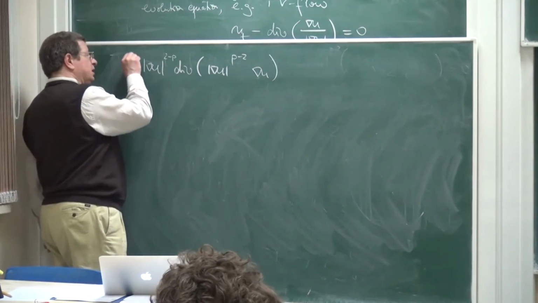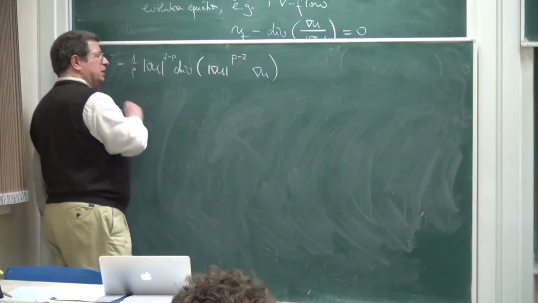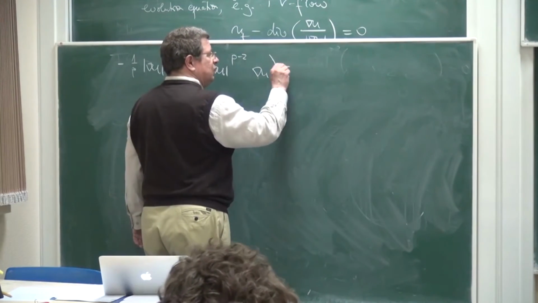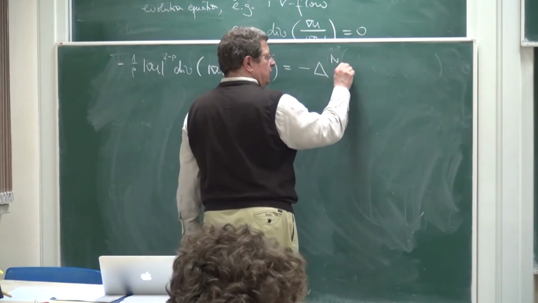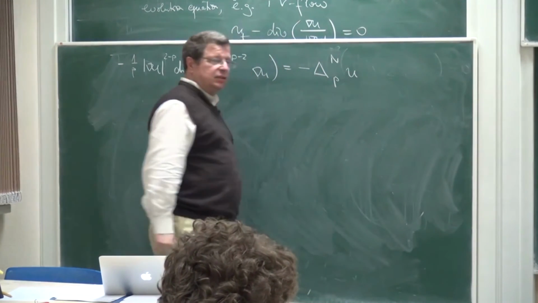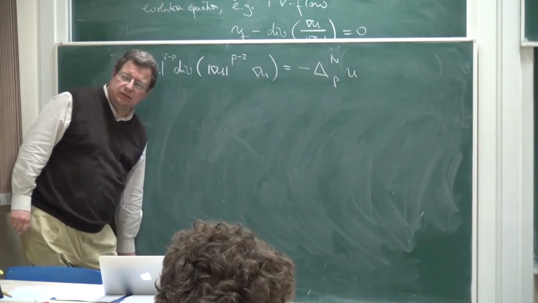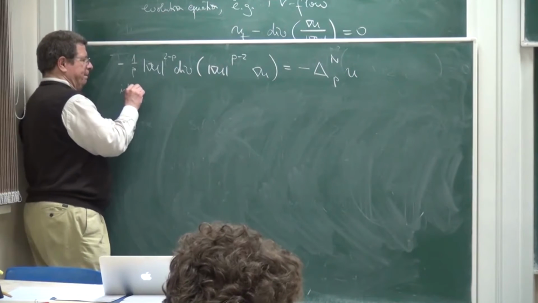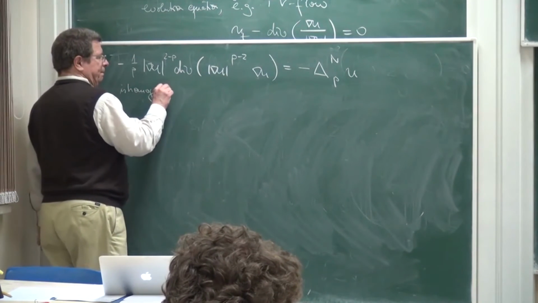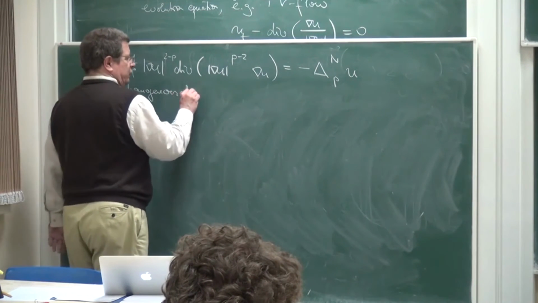And if I multiply it with 1 over p minus 1, it is also one homogeneous. I call this the normalized p-Laplacian operator. This is homogeneous of degree 1.